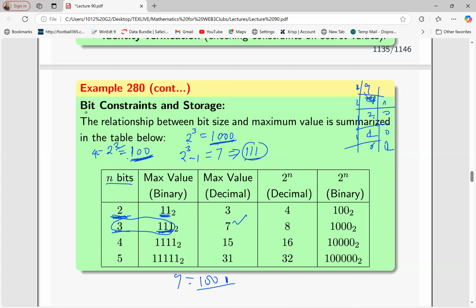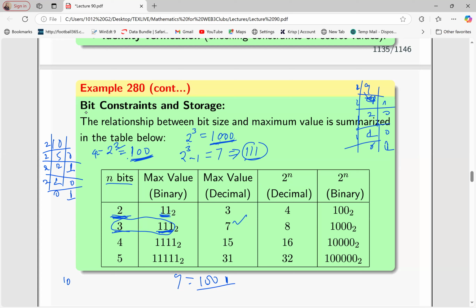What about 10? 2 goes there 5, and the remainder is 0. 2 goes here 2, the remainder is 1. 2 goes here 1, the remainder is 0. 2 goes here 0, the remainder is 1.